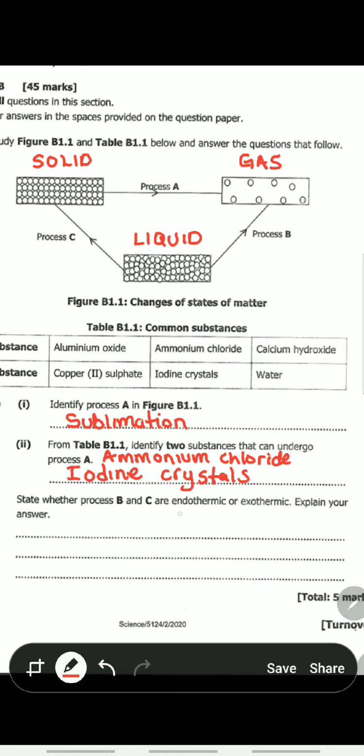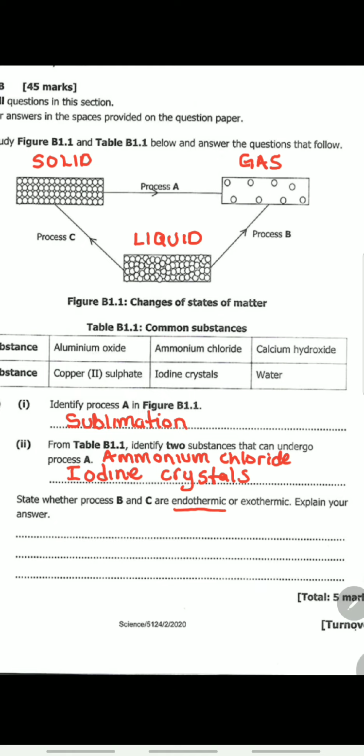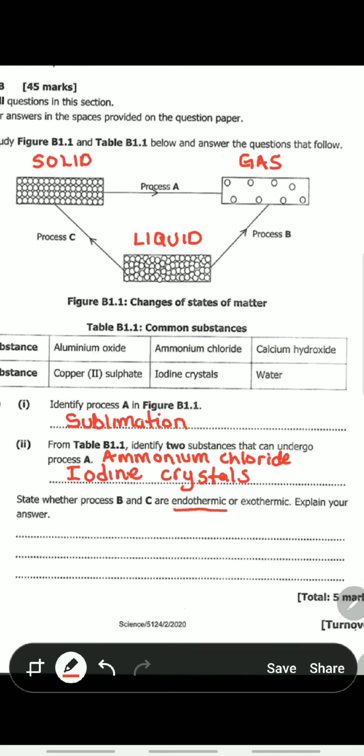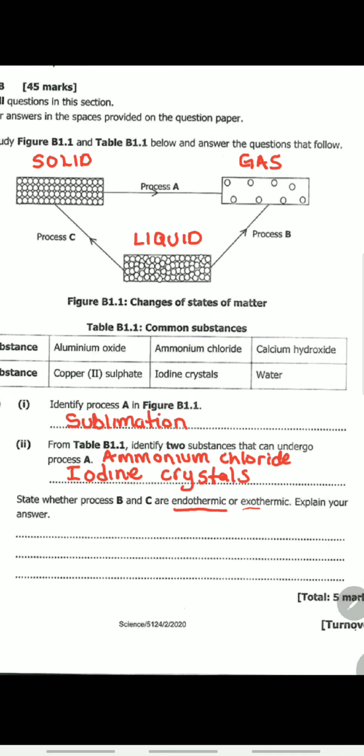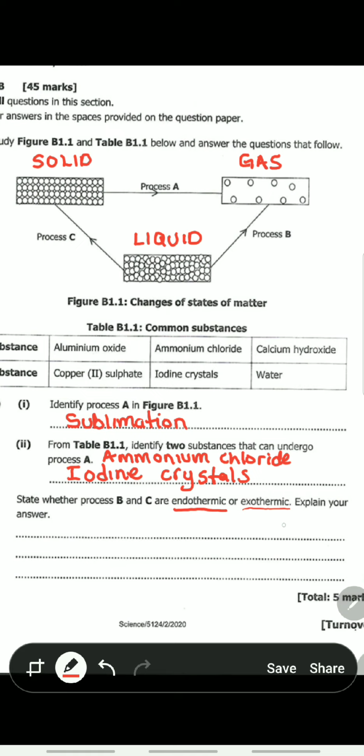Endothermic are reactions that absorb heat from the environment, meaning that heat gets into the reaction. And exothermic, these are reactions that lose heat to the environment. Now, there is a trick here on how to answer this question.